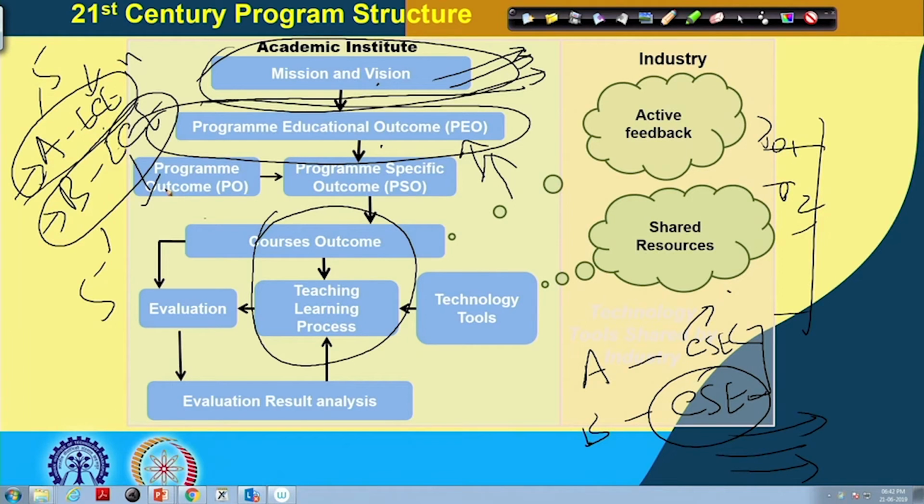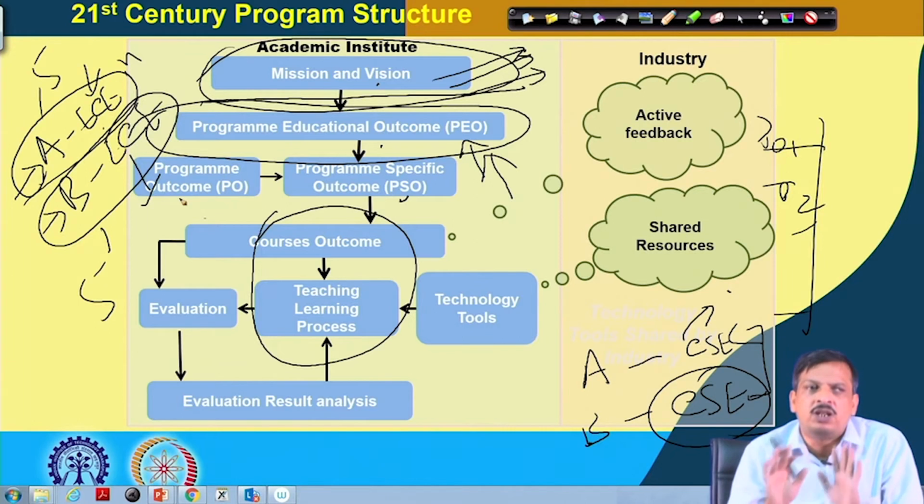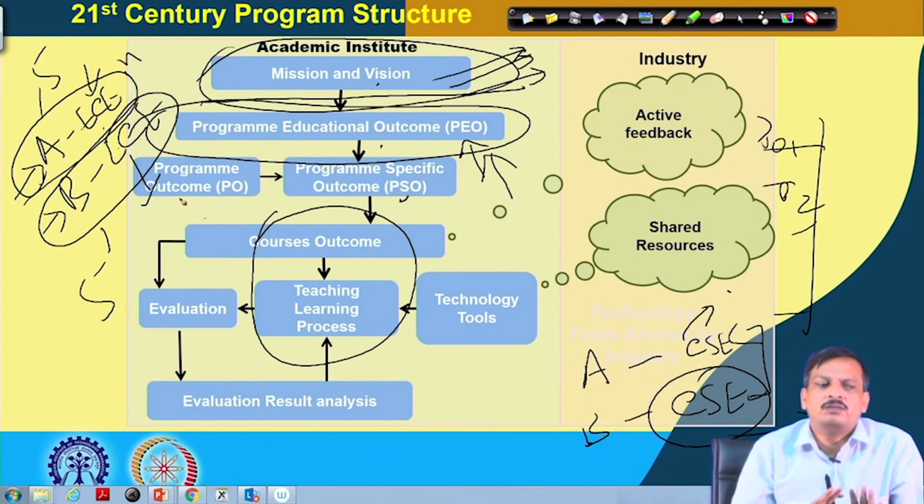Okay. Then come to the course outcome. All PO, domain specific PO or general PO, all have to be achieved by a course and the teaching learning process.